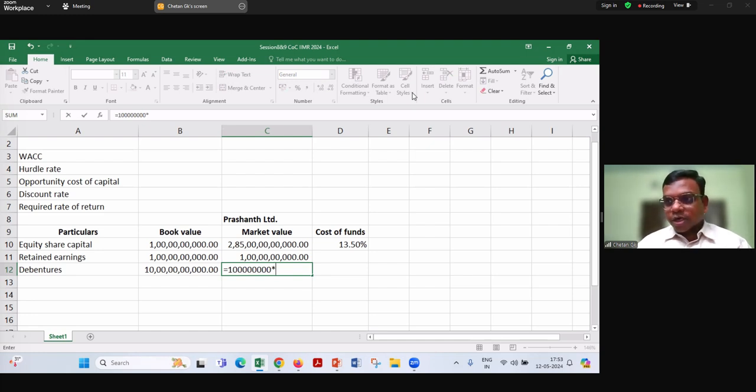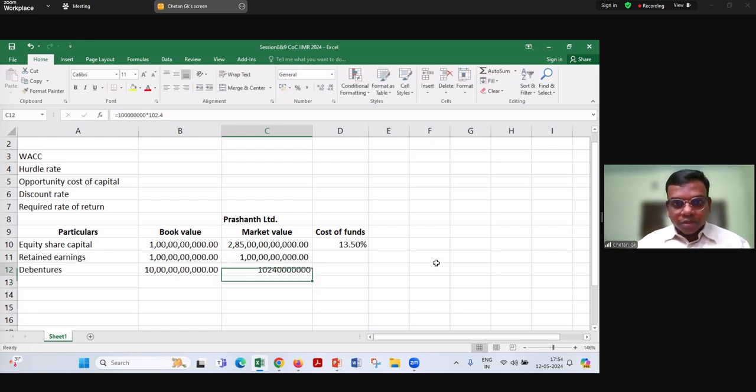There is going to be a coupon rate and all that. So I'm assuming the market price of this debenture. The debenture is listed on the stock exchange, and it is traded at 102 rupees and 40 paise. The face value is 100 rupees, and it is trading at 102 rupees and 40 paise.